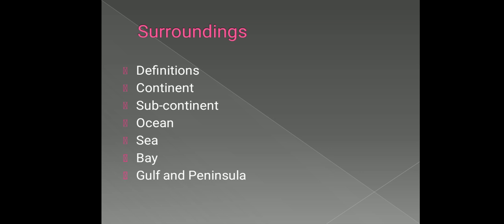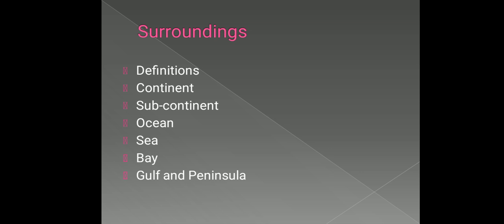Near Gujarat, on the western coast of India, where the Gulf of Kutch is situated, or where Kandla is situated, you will find that the Gulf of Kutch is surrounded by land from three sides, but it is very small compared to the Bay of Bengal.